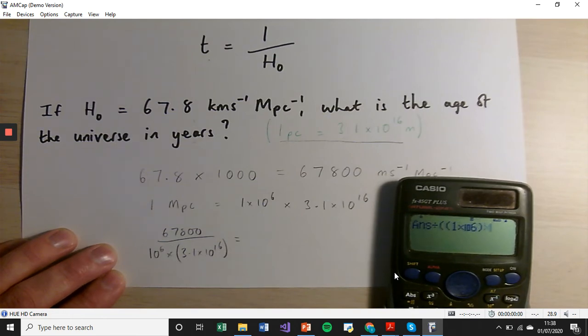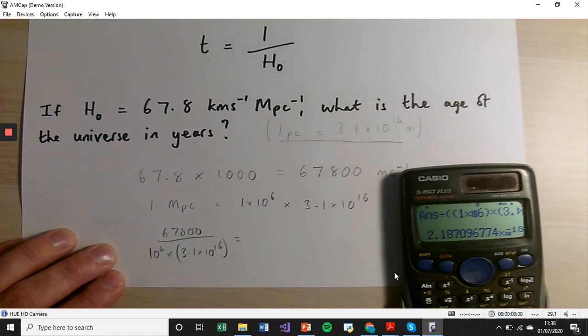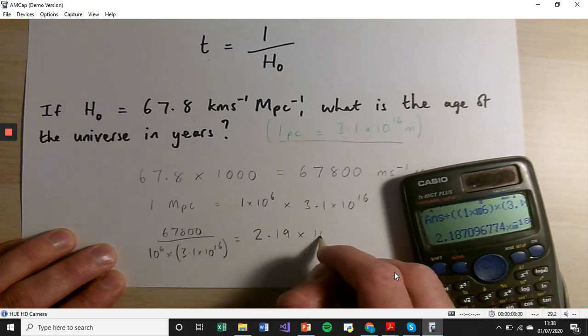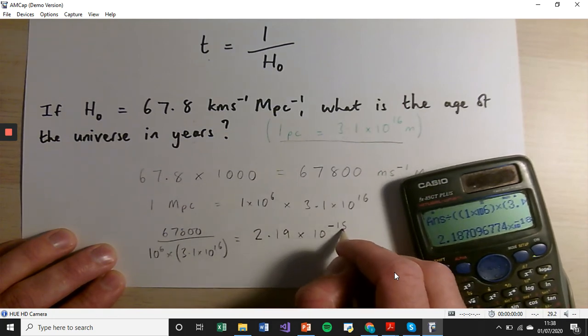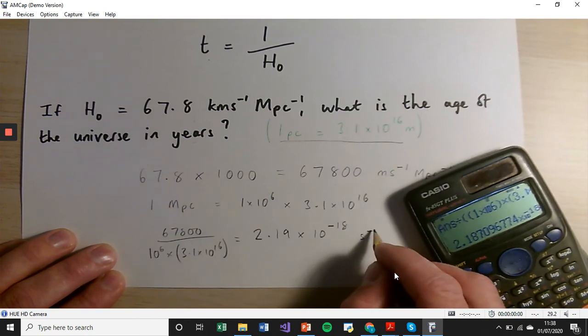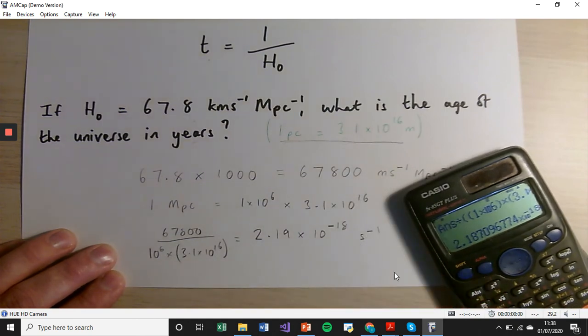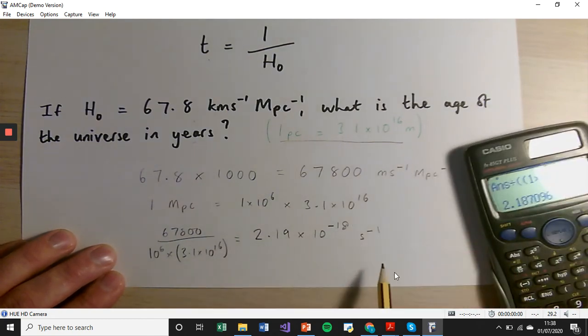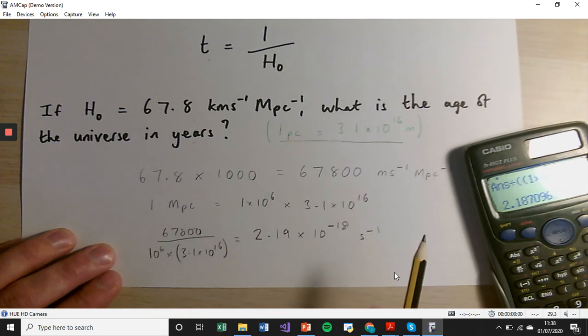I'm not sure whether the calculator likes just numbers like 10 to the 6. 3.1 times 10 to the 16, close brackets. And that gives me a value of 2.19 times 10 to the minus 18 per second. So that's the units of the Hubble constant just in seconds to the minus 1.